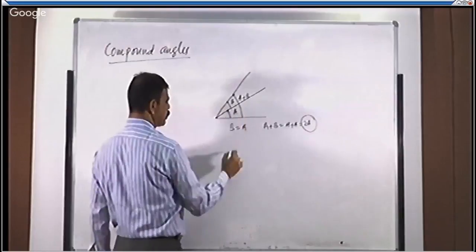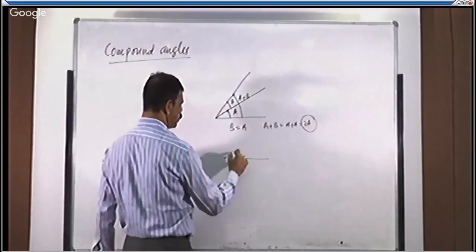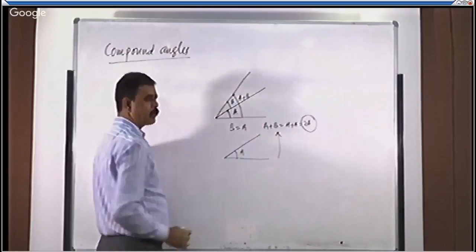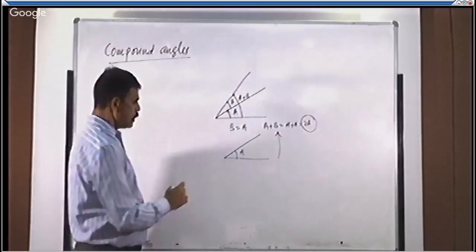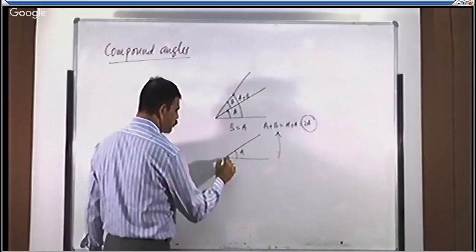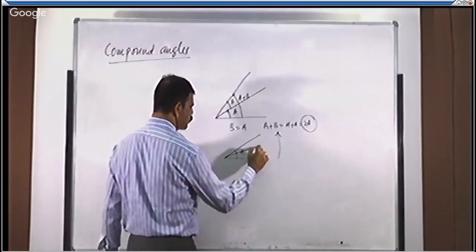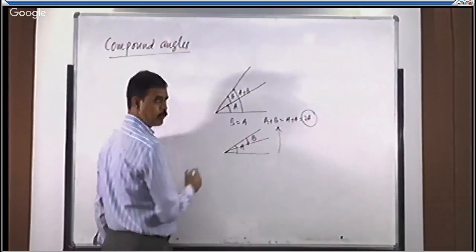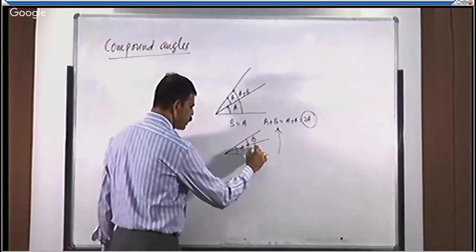Suppose a line is rotating through an amount of angle A in the anti-clockwise direction. If the line rotates in the opposite direction through an amount of angle B, what is the total angle covered?